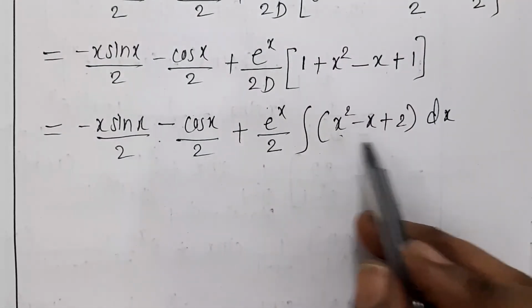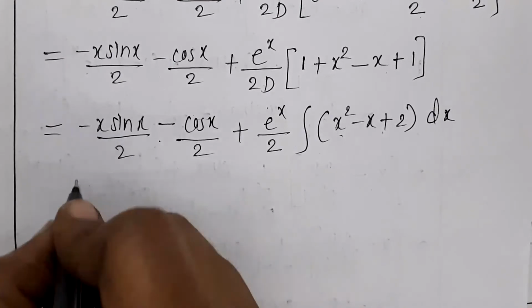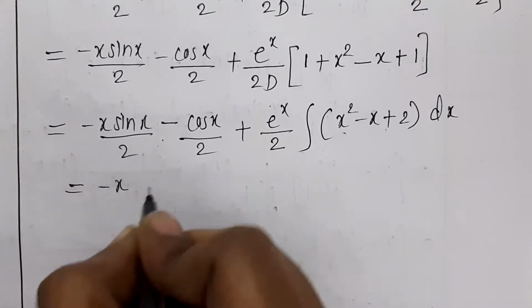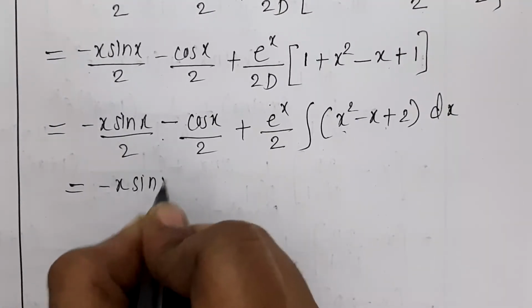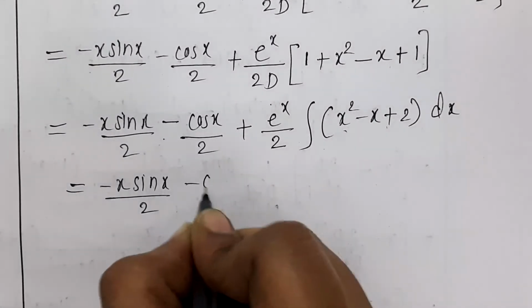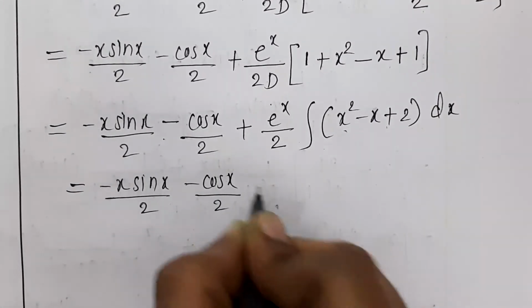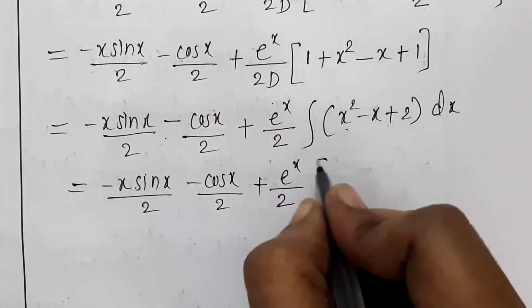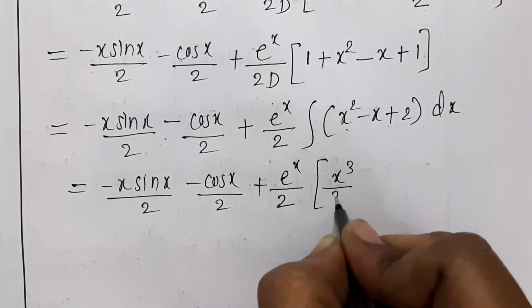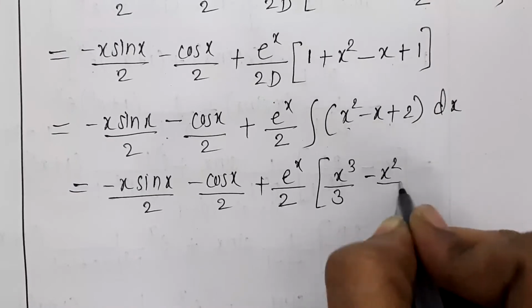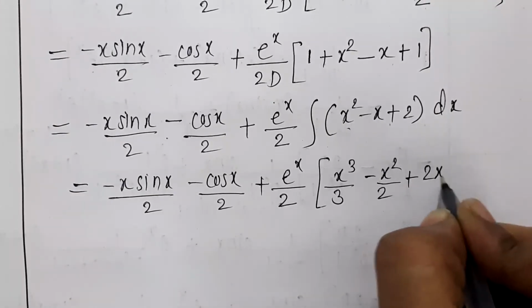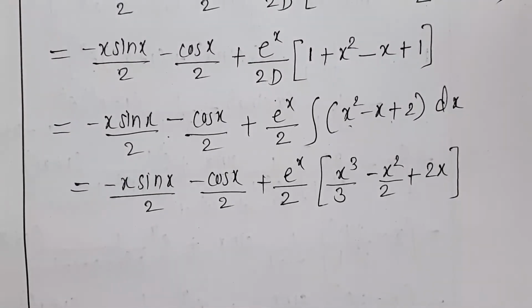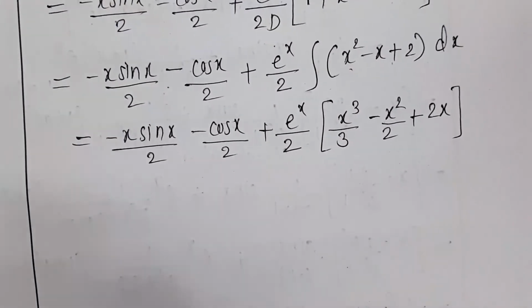So it is x square minus x plus 2 into dx, which is equal to minus of x sin x divided by 2 minus cos x divided by 2 plus e to the power x divided by 2, and integration of x square is x cube by 3, x is x square by 2, and 2 is 2x. So this is the final answer.